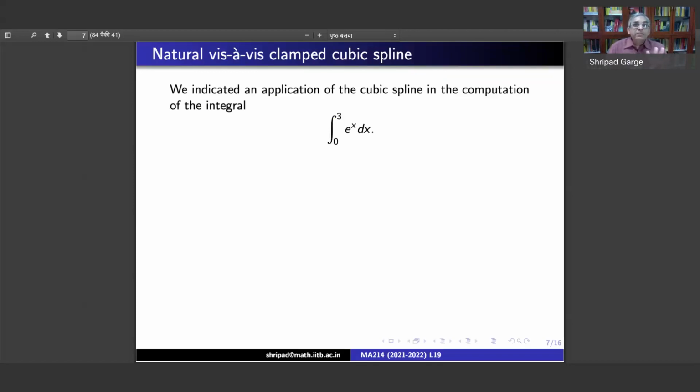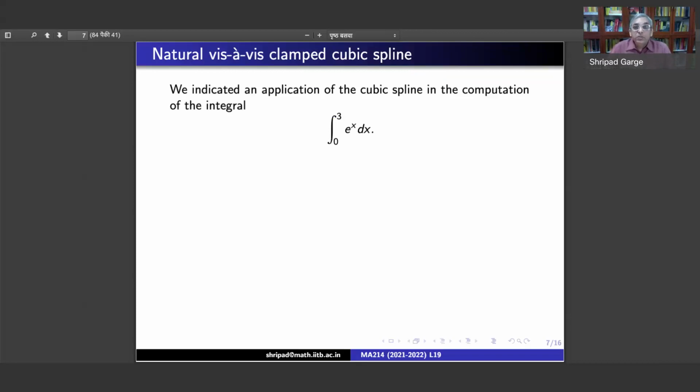So for instance, when we computed the cubic spline interpolant for e power x, we indicated that there might be an application of the cubic spline in computing the integration.